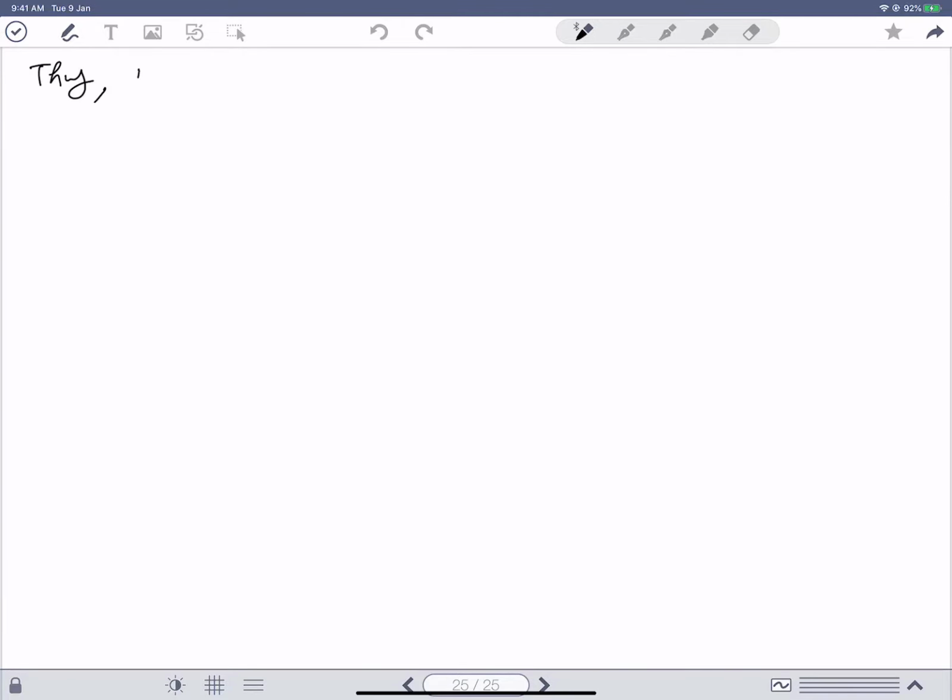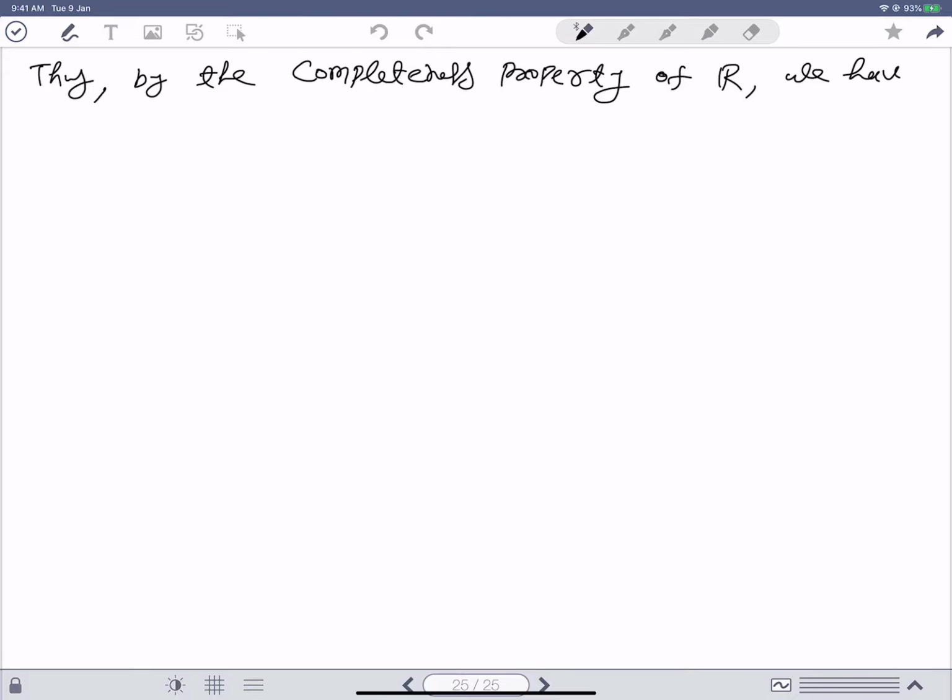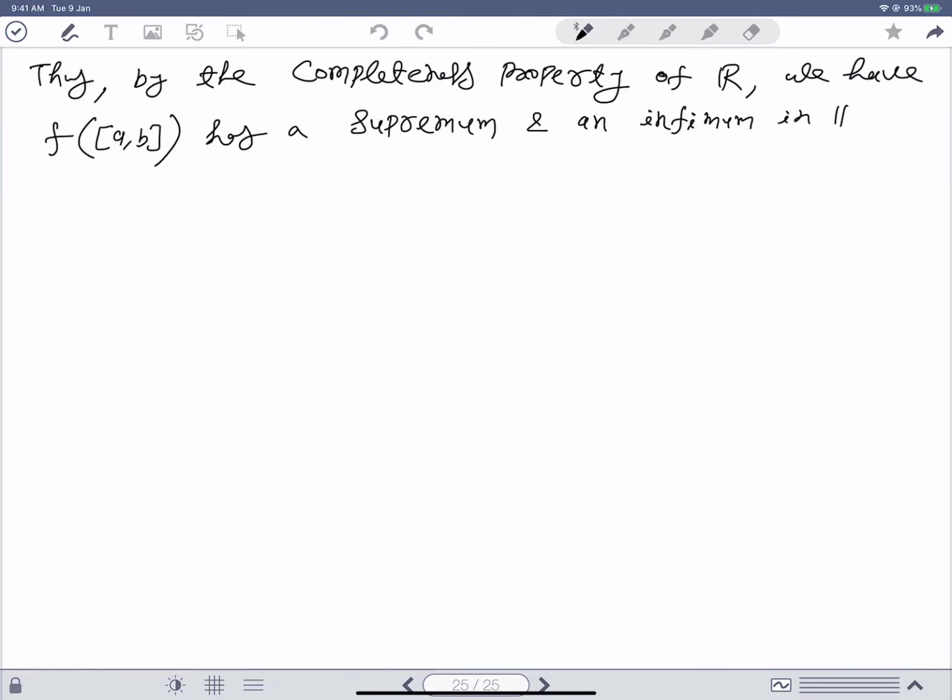Now, by the completeness property of R, we have that this set has a supremum and an infimum in R, right?